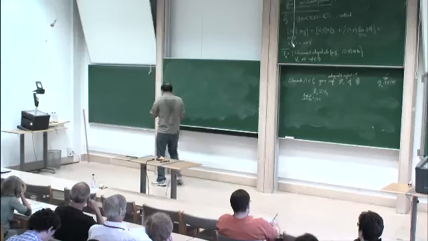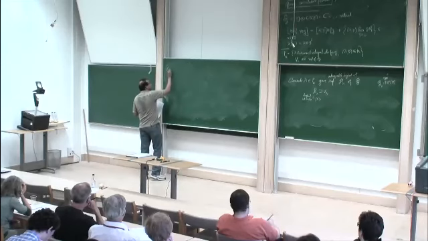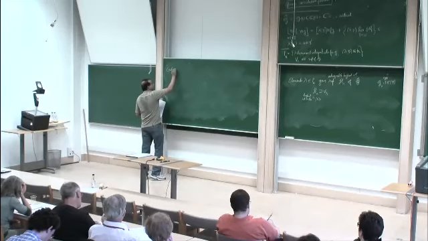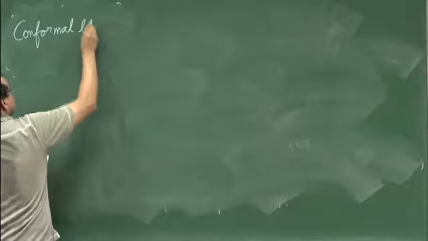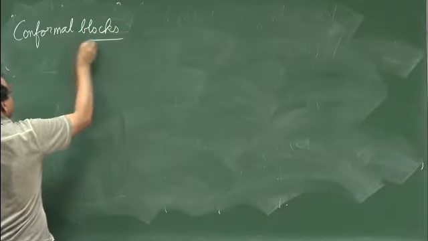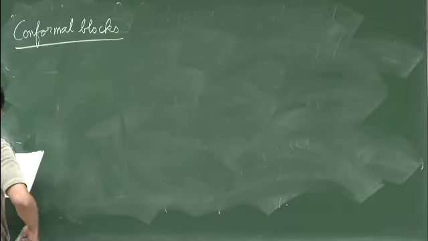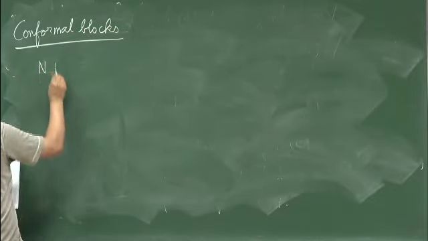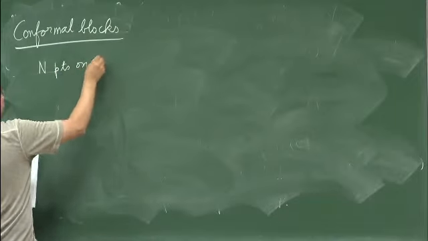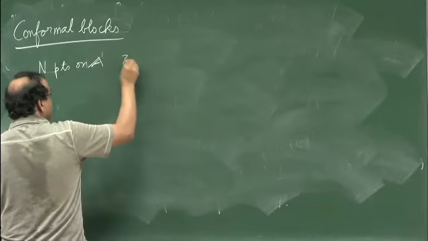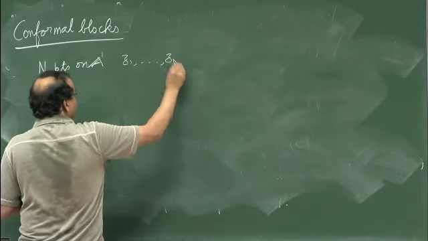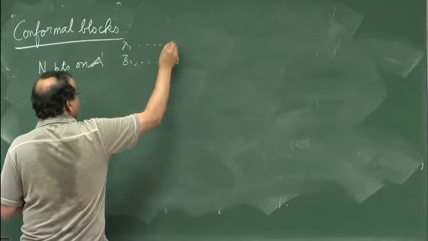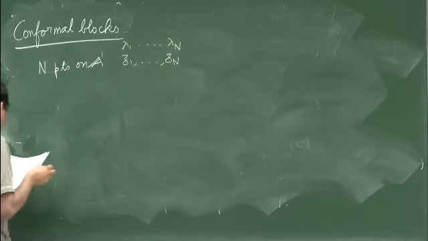Okay, so conformal blocks. Right, so we're going to fix endpoints as before. So the endpoints on A1, distinct Z1 till Zn, and we also have representations lambda 1 to lambda n.